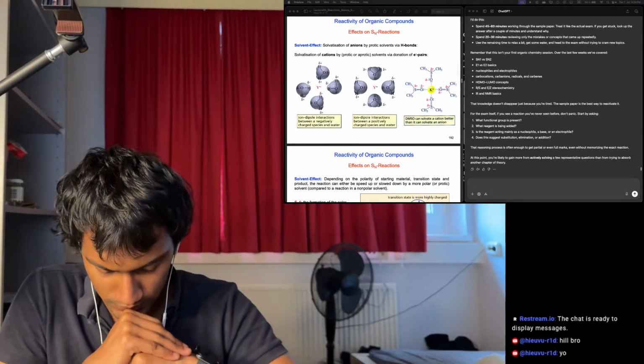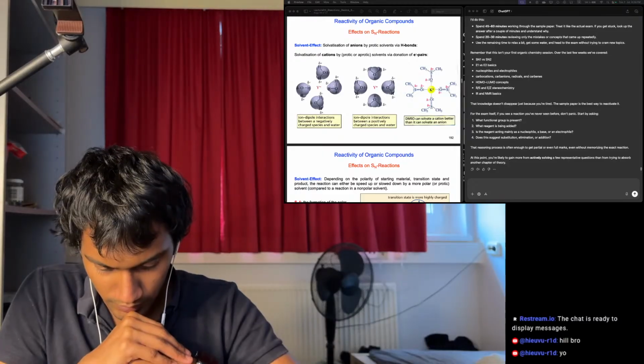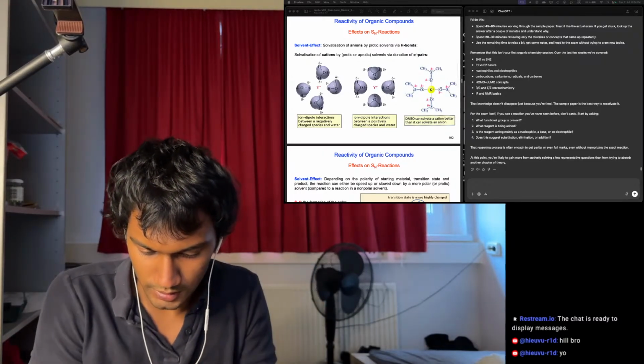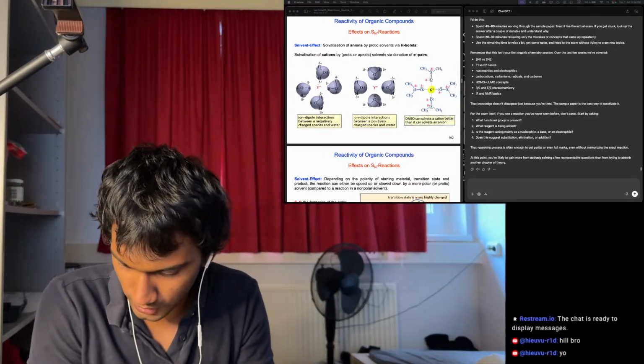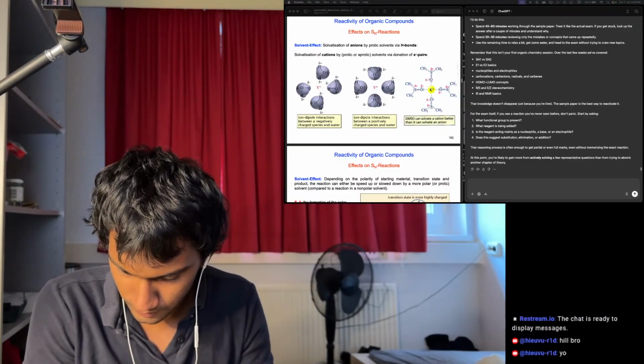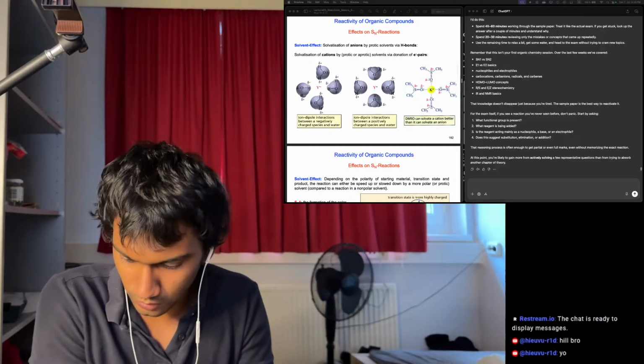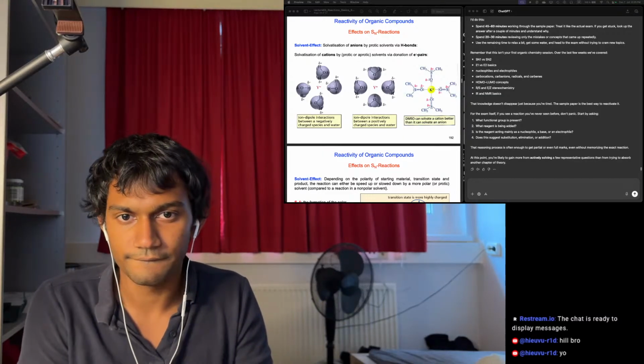That's inverted, that's same configuration. Depends on from which side you attack. And this one is called, oh, there's no name. When reverse configuration occurs, it's called Walden's inversion.